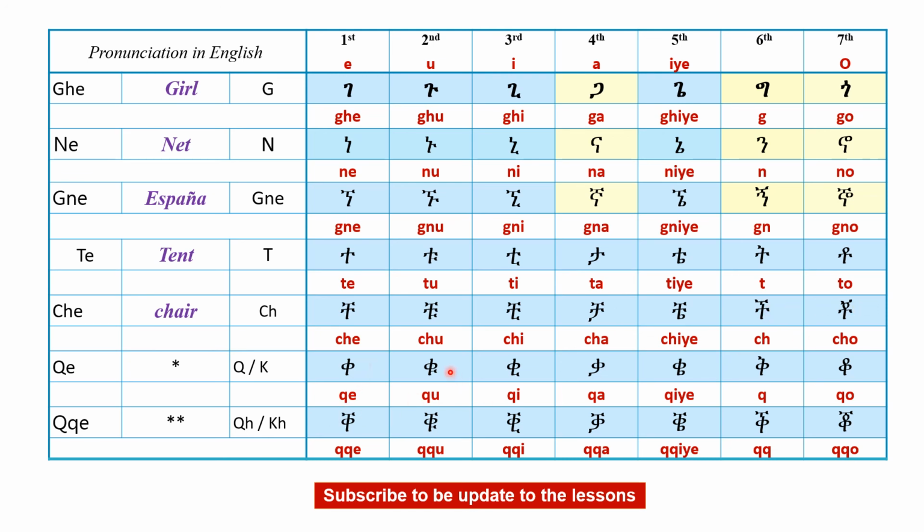Ke, ku, ki, ka, kie, ke, ko. You see, this group is very similar and they are not irregular rows.